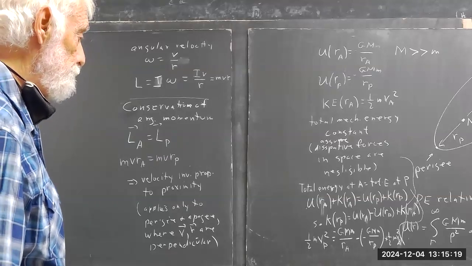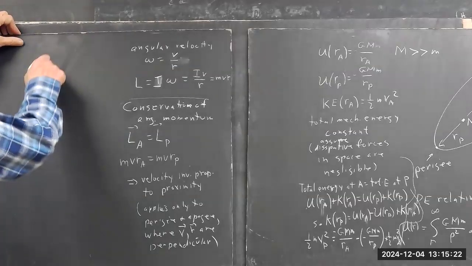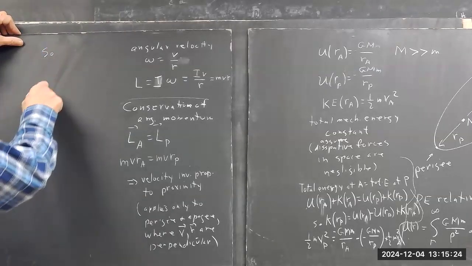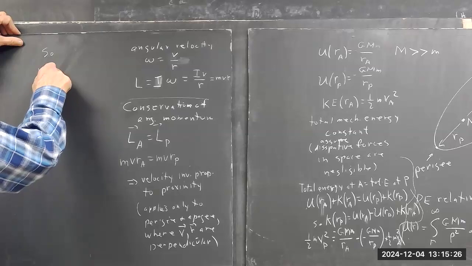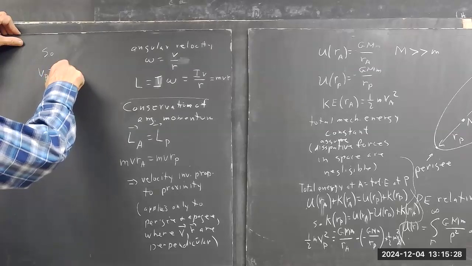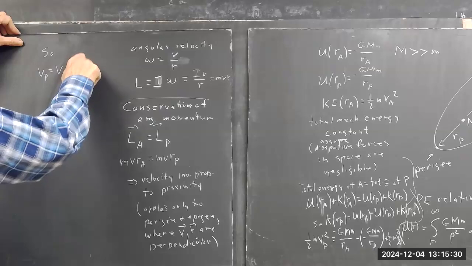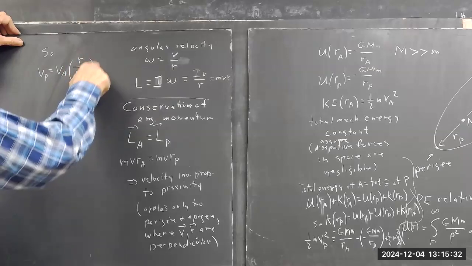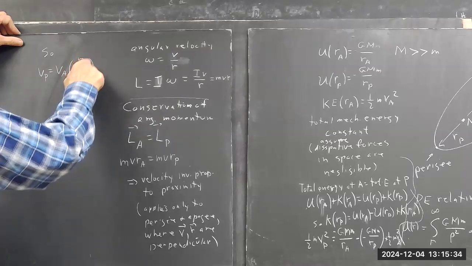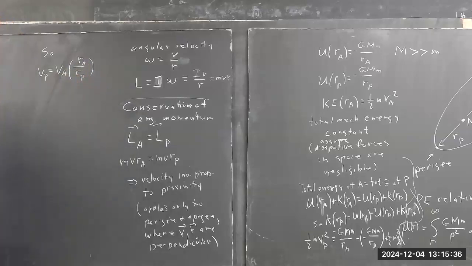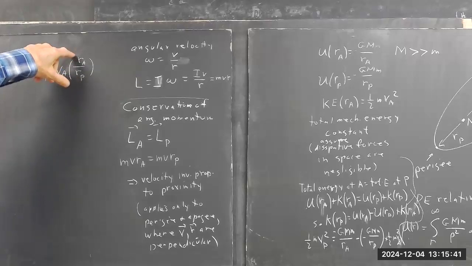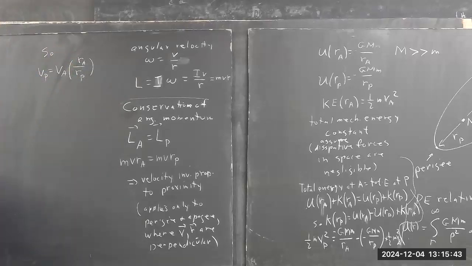So velocity at T has to equal velocity at A times r_A over r_P.